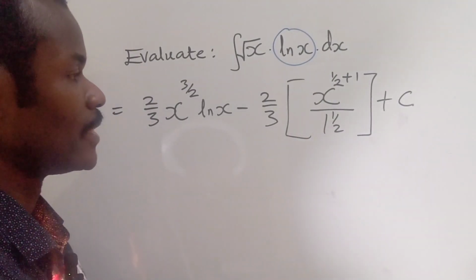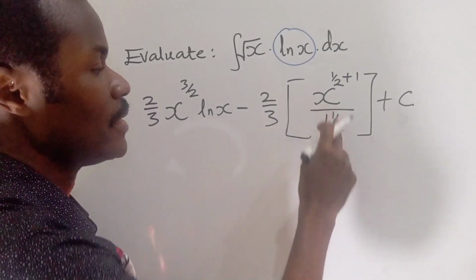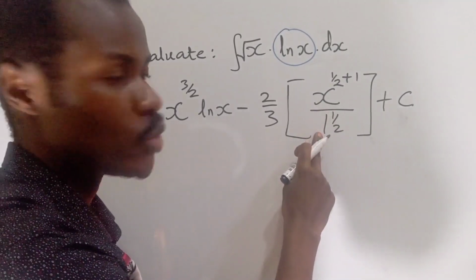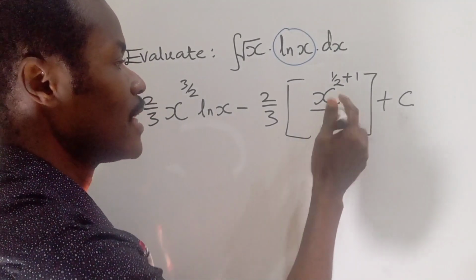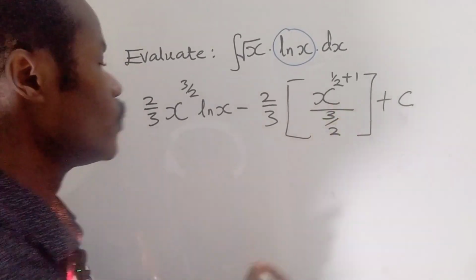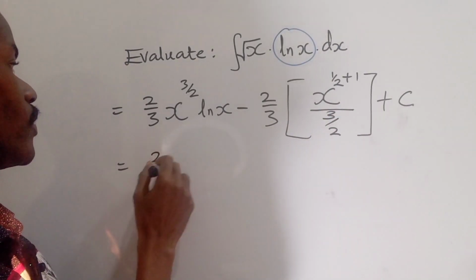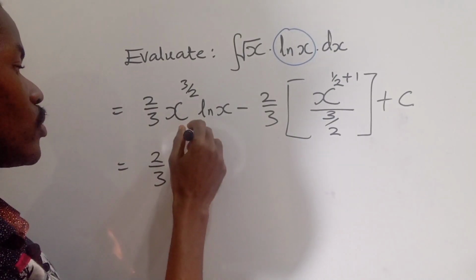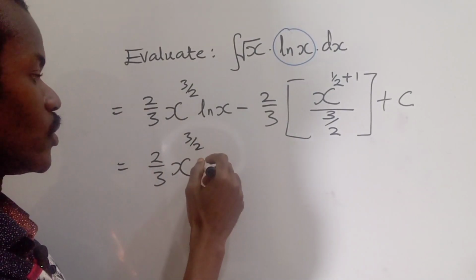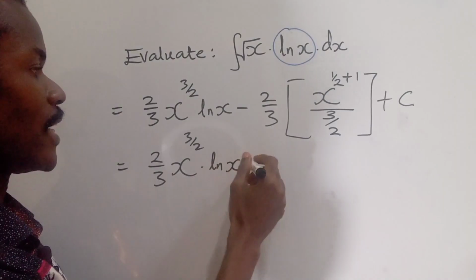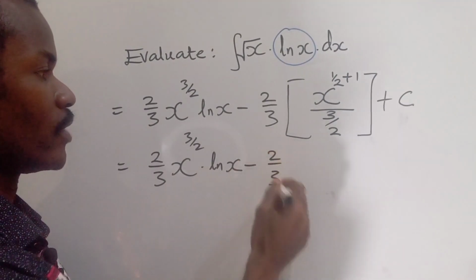Now if we simplify this, remember 1 over 2 plus 1 we can write as 3 over 2. So we have 2 over 3 x to the power of 3 over 2 natural logarithm of x minus 2 over 3.